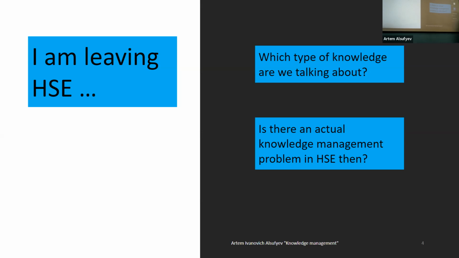Absolutely agree with you here. So we're talking about not only explicit qualifications, expertise, knowledge, but also know-who, basically, right? These relations. Okay.